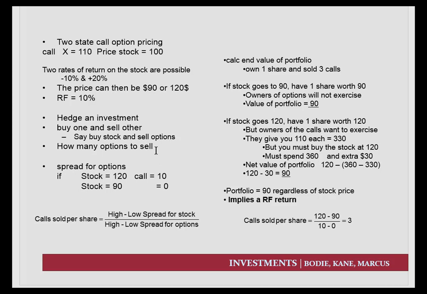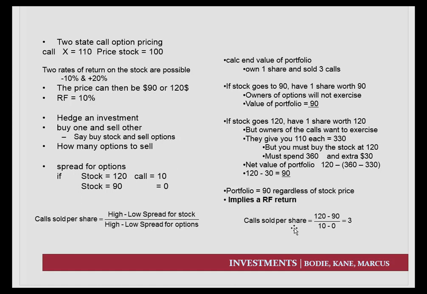So how many options do we need to sell? Well, what we need is what's referred to as a hedge ratio. The calls that we sell per share, the formula is the high-low spread for stock, 120 minus 90, divided by the high-low spread of the options, which is 10 minus 0.